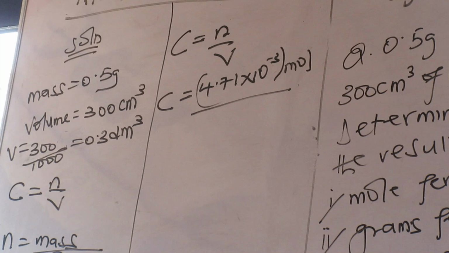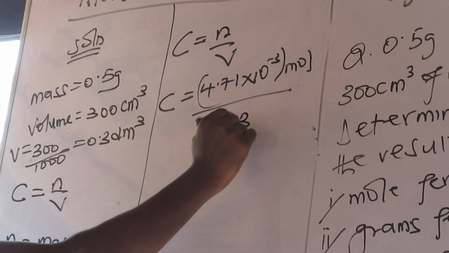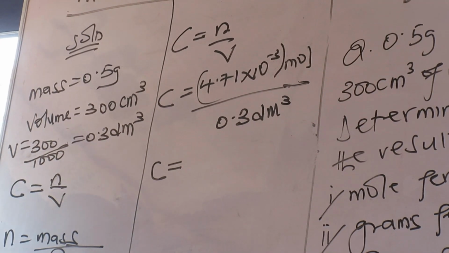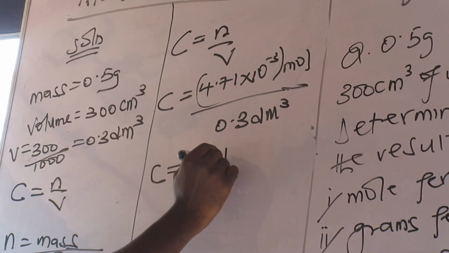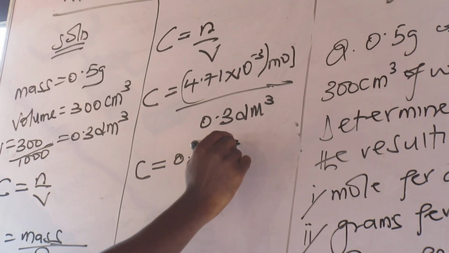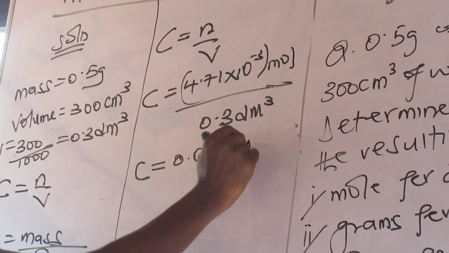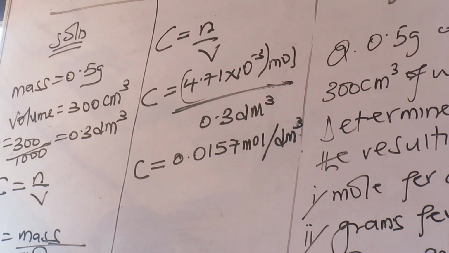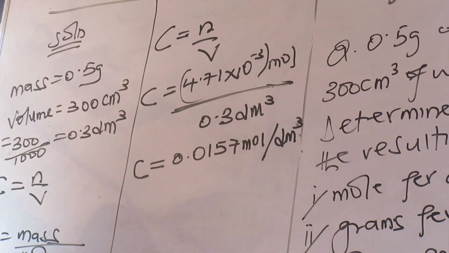That is why you have to change your volume term to decimeter cube. So there is 0.3 dm cube. Mole per decimeter cube, yeah. So there is a bar. If you remove this partition sign, that is where you bring the minus sign there, right?